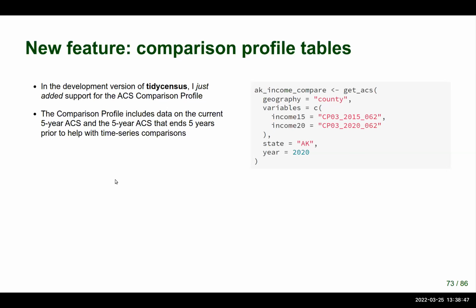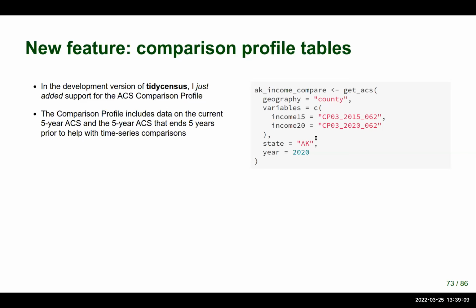This is very much an in-development feature, but what I can do is I can grab inflation-adjusted median household income for 2011 to 2015 and 2016 to 2020 for counties in Alaska. These are the codes. I'm using a named vector to replace these variable codes.